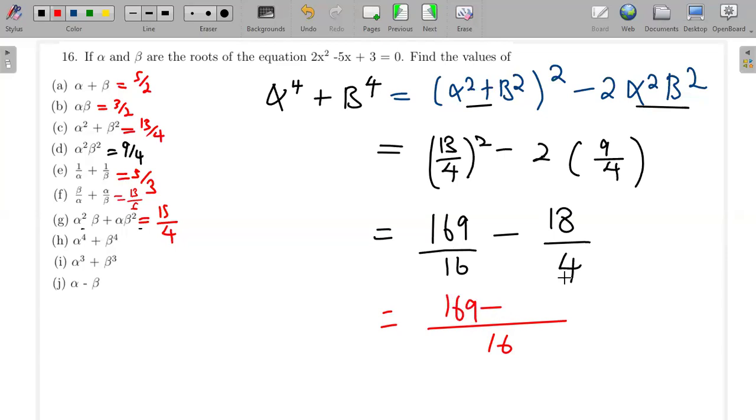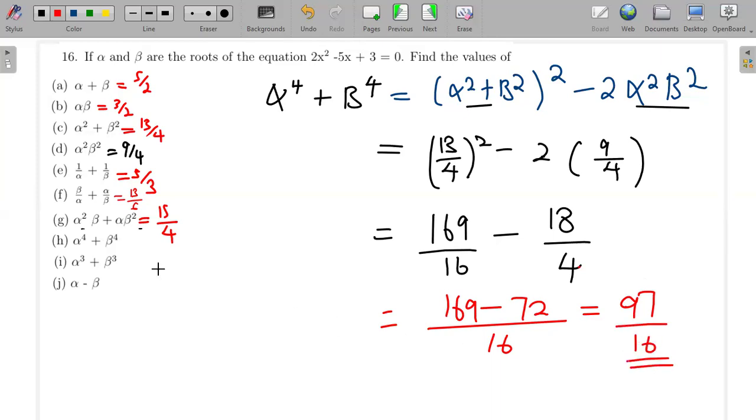And then minus 4 into 16 gives me 4, and that 4 multiplied by the 18 gives me minus 72. So this will be equal to 169 minus 72, that will give me 97, divided by 16.